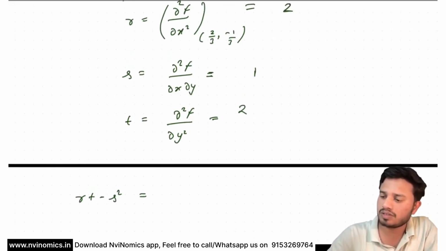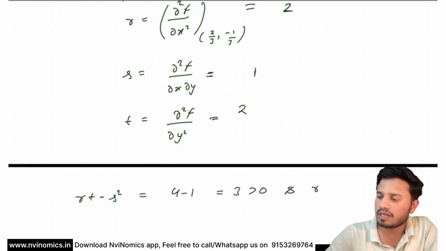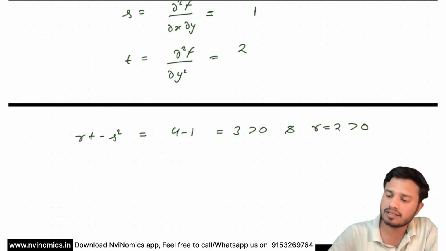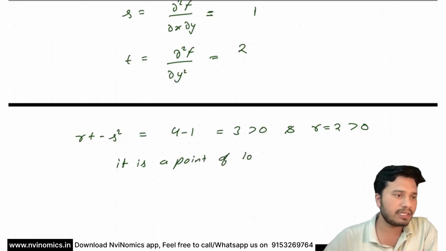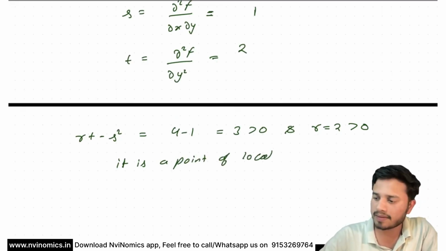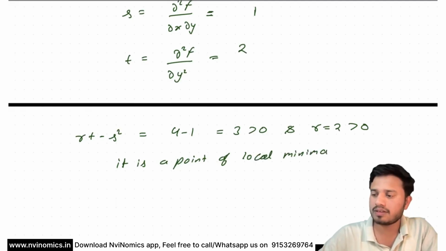Now check rt minus s square. It will be 4 minus 1, that is 3, that is positive, and r is 2, that is also positive. That indicates that it is a point of local minima, right?